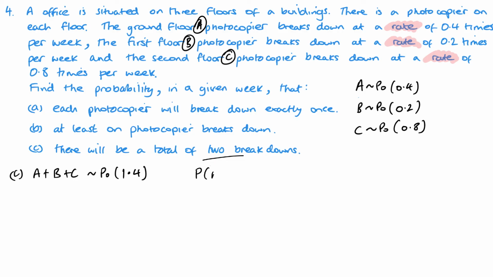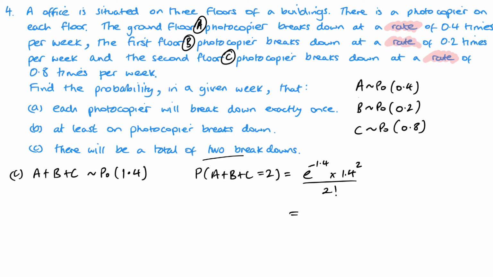So we want the probability of A plus B plus C equaling 2 there, because we only want 2 breakdowns across the 3 photocopiers. So this is just going to be e to the minus 1.4 times 1.4 squared over 2 factorial.